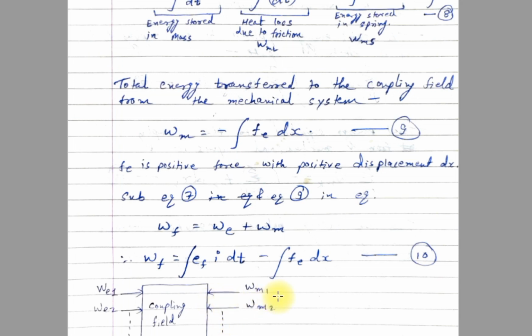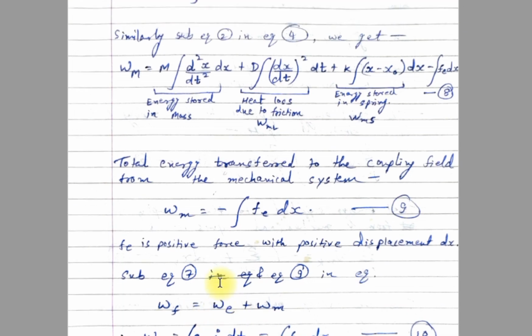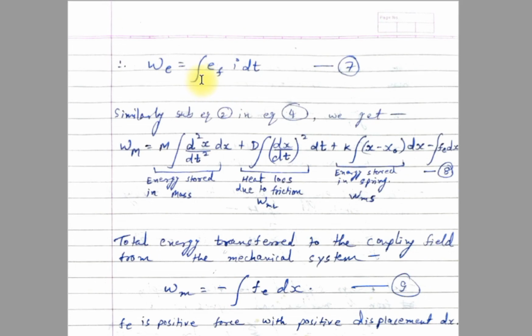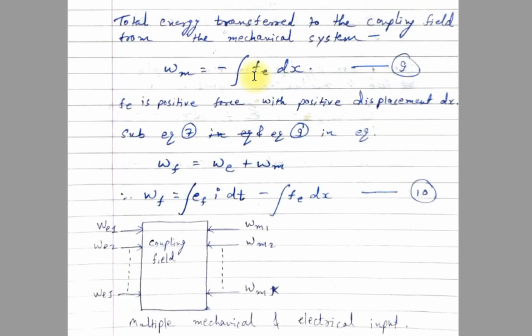Okay, so now as we have seen in the previous equation, my Wf was nothing but We plus Wm. Now I am just substituting these equations here. So my We, as we have seen here, is nothing but integration of Ef into I dt, and my Wm is nothing but minus of integration of Fe into dx.